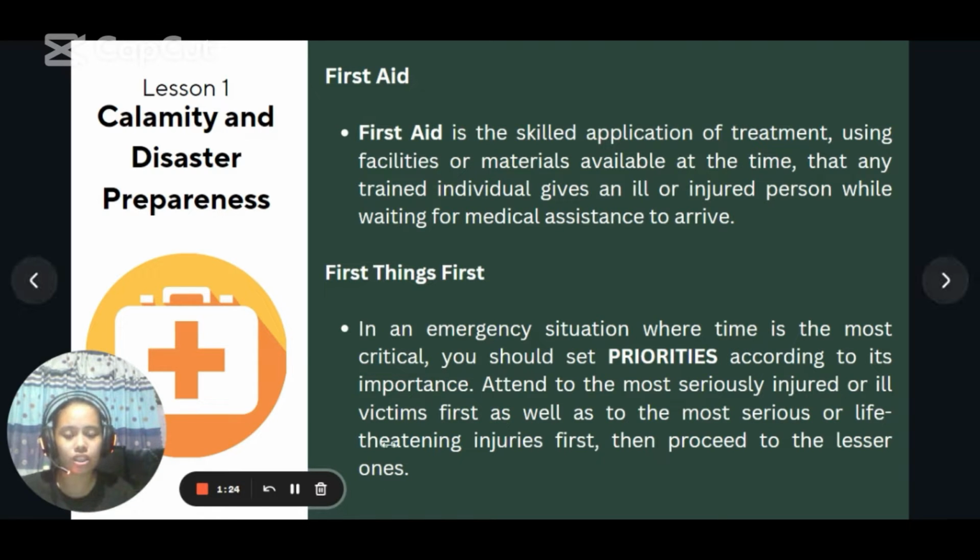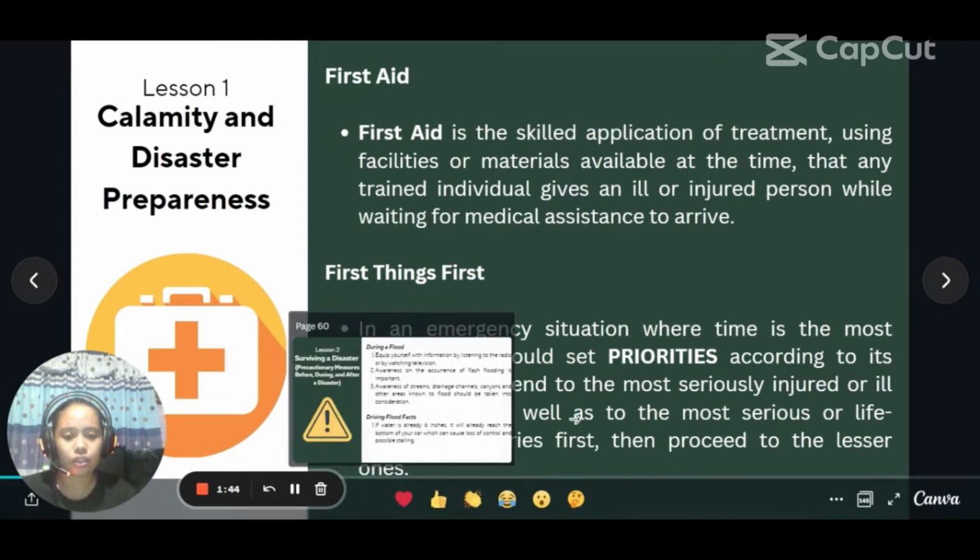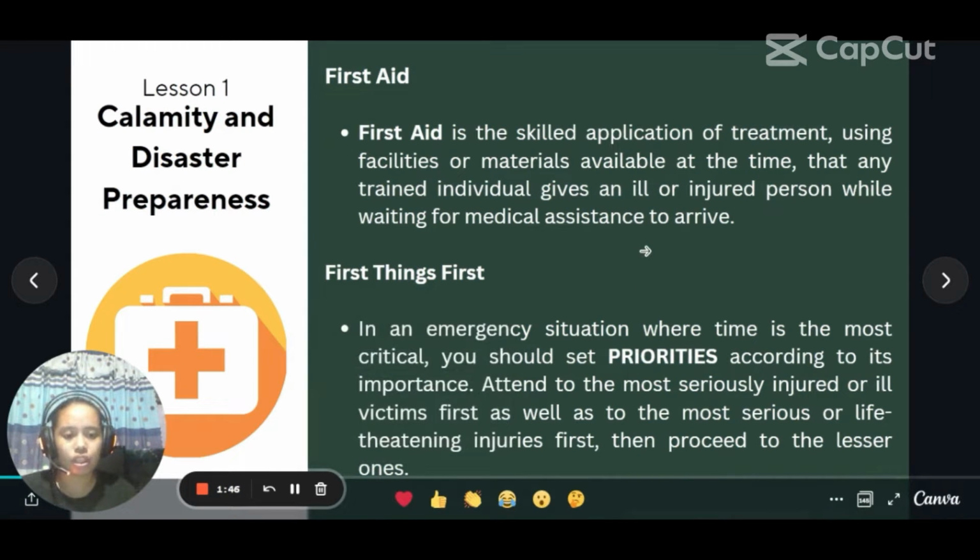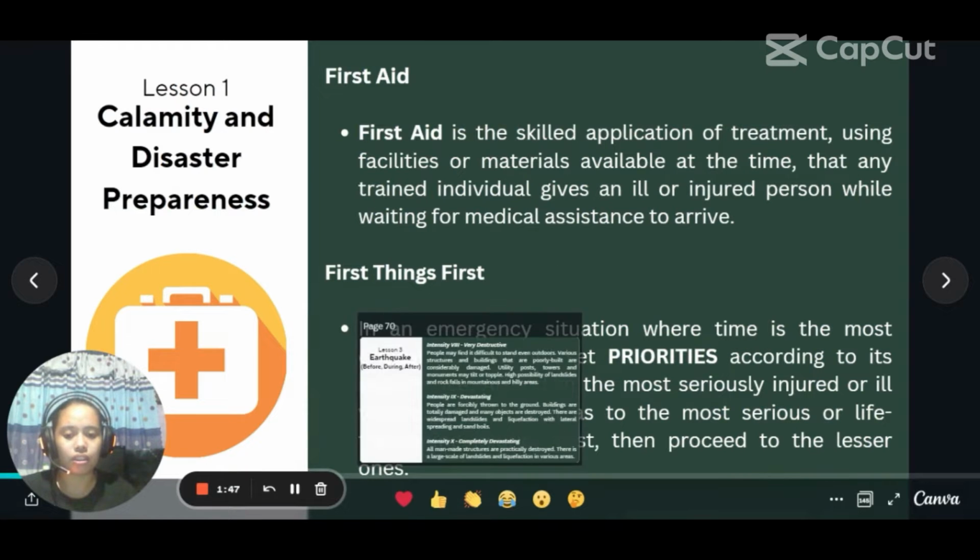First things first, in an emergency situation where time is the most critical, you should set priorities according to importance. Attend to the most seriously injured or ill victims first, as well as the most serious or life-threatening injuries. Then proceed to the lesser ones.